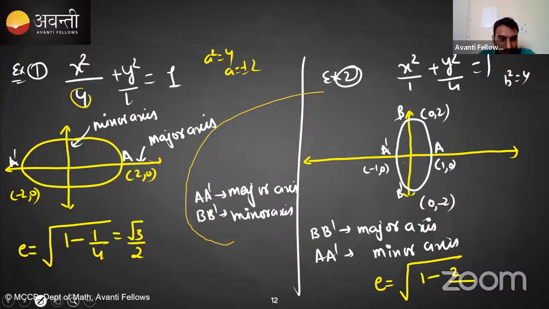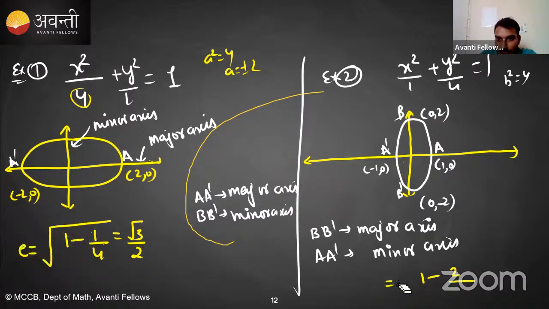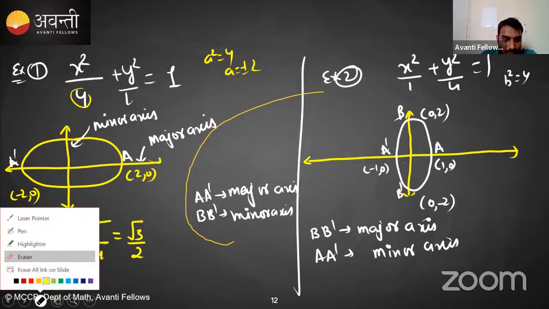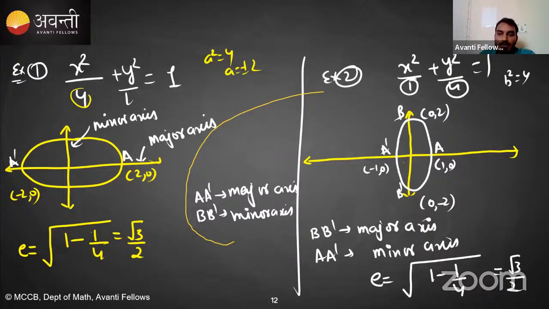Yes or no? So in this case, eccentricity is under root of 1 minus smaller number divided by bigger number. Is this clear? So 1 minus 1 by 4. So root 3 by 2. Same thing. Is this clear?